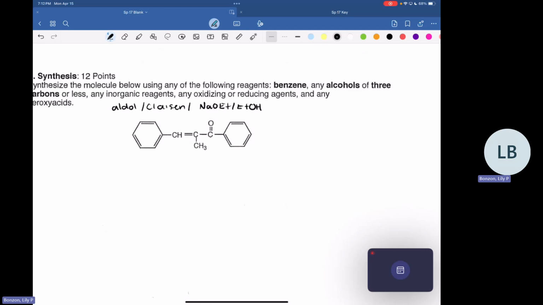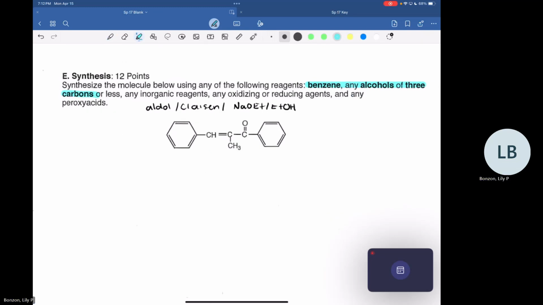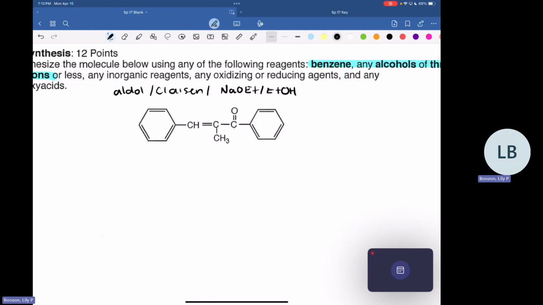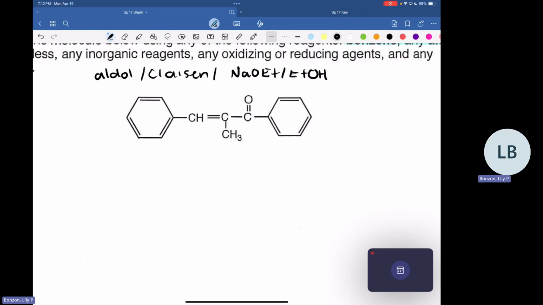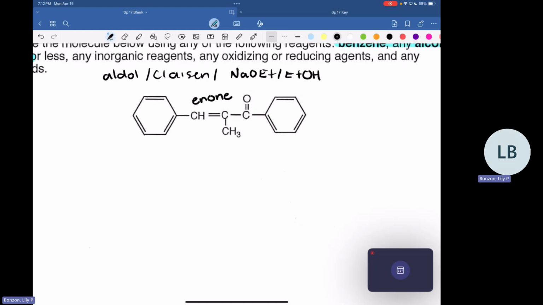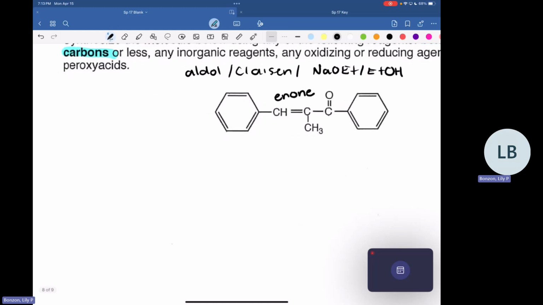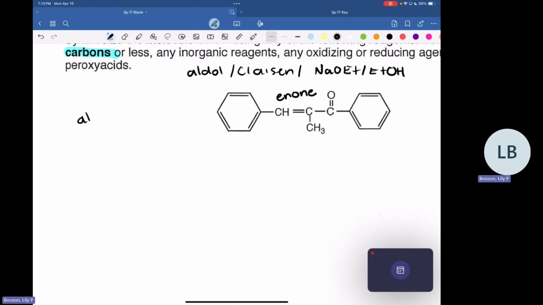As always, make sure you check what you can start with: benzene, 3 carbon alcohols. And so the first thing I see here is that we've got an enone. So that's when we have an alkene, and then next to it we've got a ketone. And so this one is going to be specific to aldol followed by dehydration.